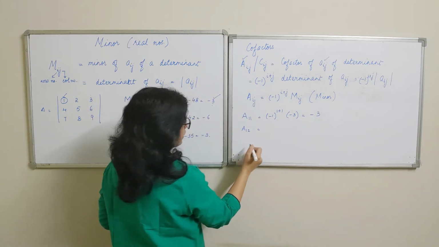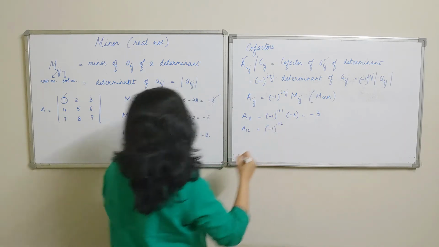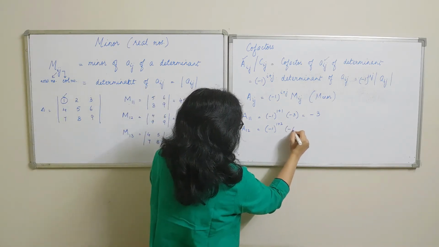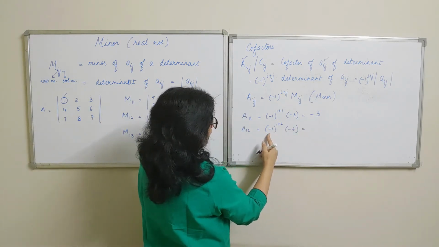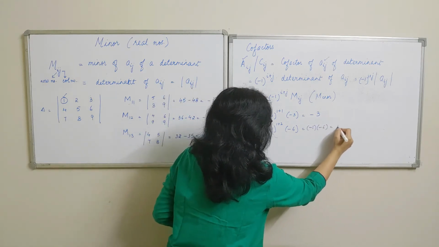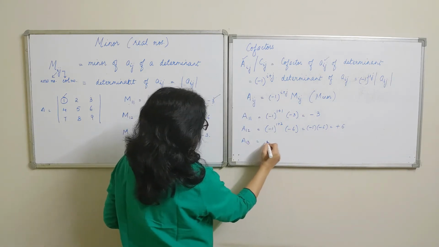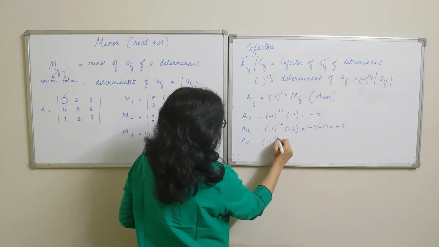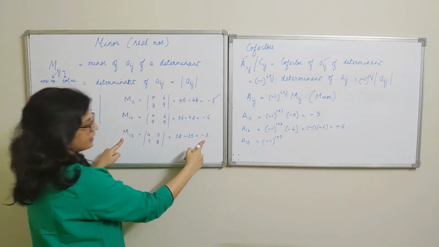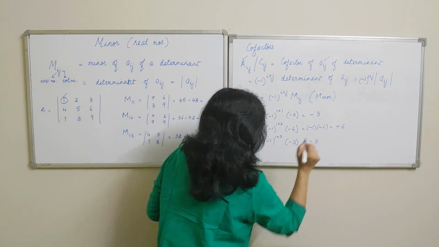Next, -1 to the power 1 plus 2, and the minor is -6. This is negative, so -1 multiplied by -6 gives us +6. Likewise, it is -1 raised to power 1 plus 3, and the corresponding minor is -3, which on simplification gives us -3.